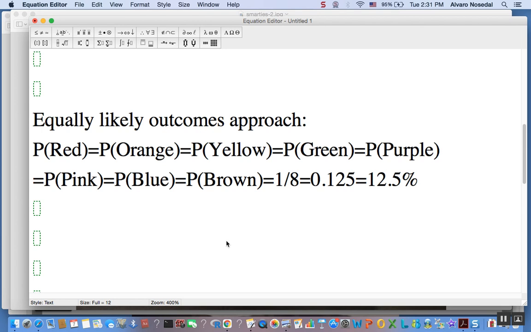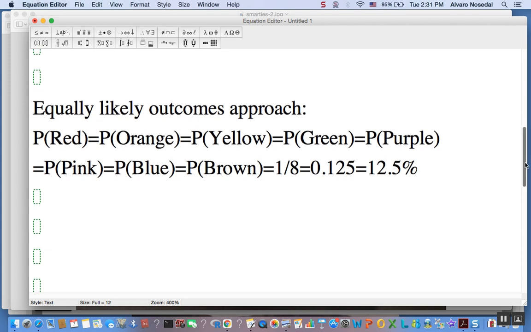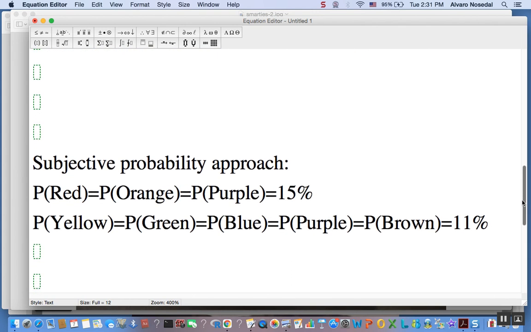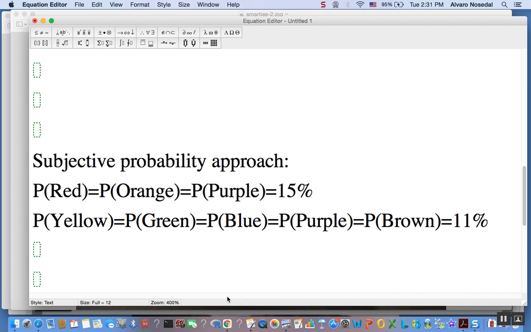I would assign a lower percentage to those events. Okay? So something like this. That's based on my experience. And maybe somebody else, if you ask one of your classmates to do a similar assignment, they would use different numbers for the probability of each of those events, right?